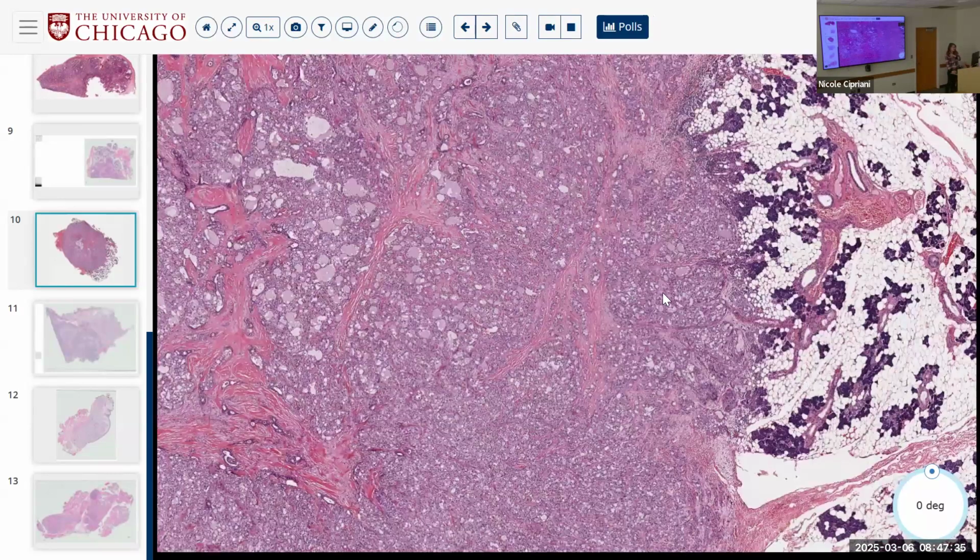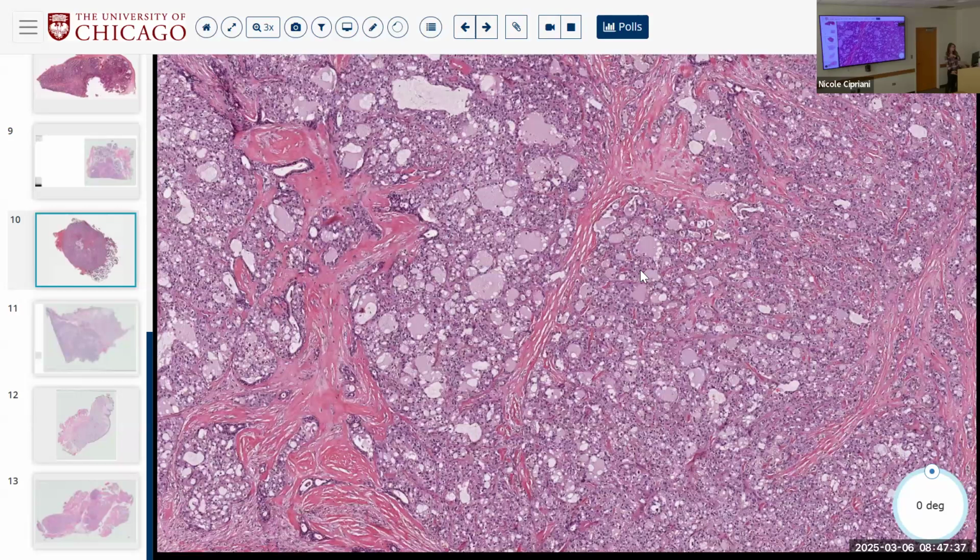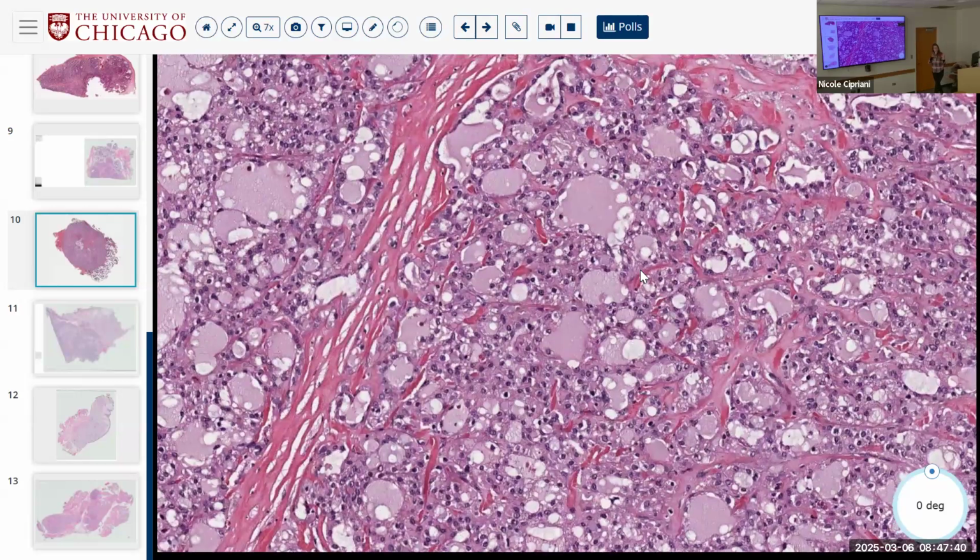It has almost cribriform appearing spaces, back to back glands, but the cytomorphology is very monotonous, and it has this intraluminal, very watery, milky, secretory material.